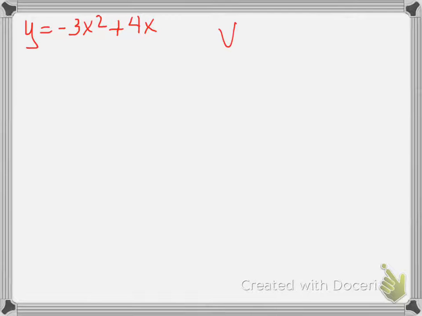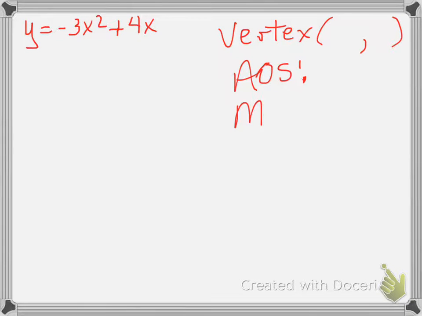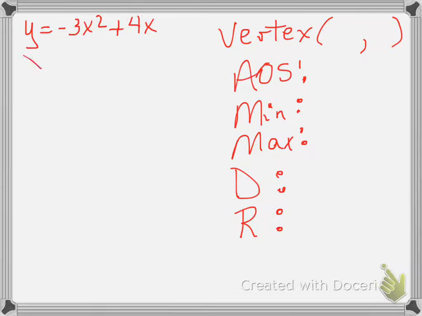Again, we're looking for our vertex, our axis of symmetry, our minimum, our maximum, our domain, and our range. Okay? Alright. Again, x is equal to negative b over 2a.